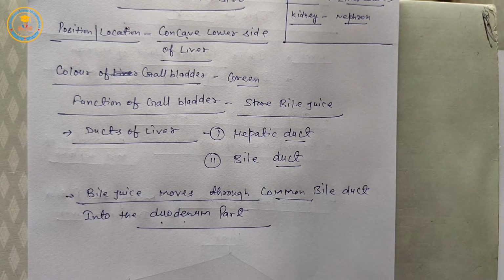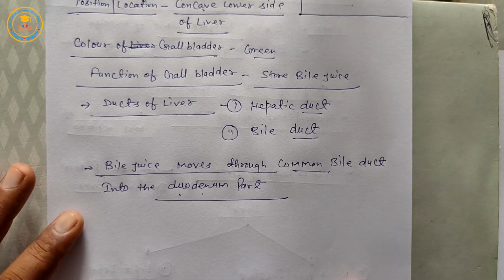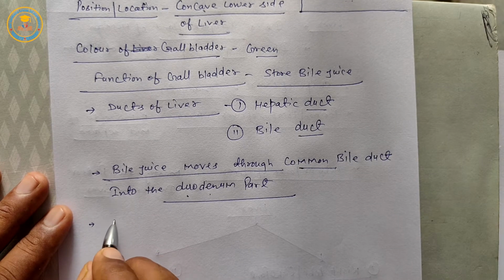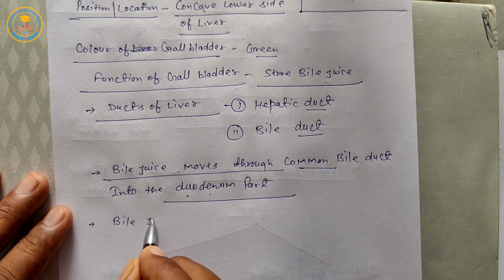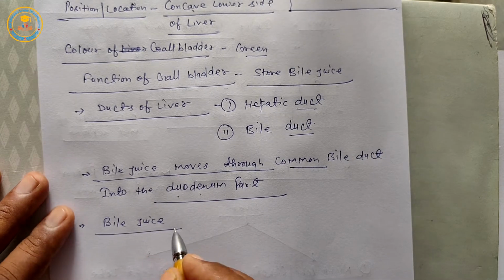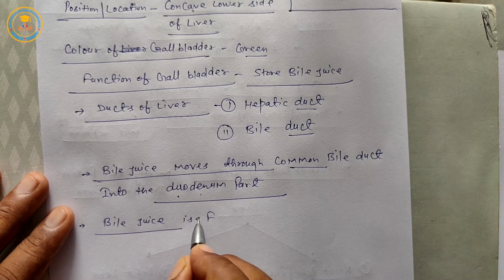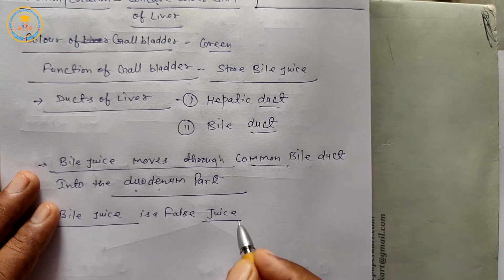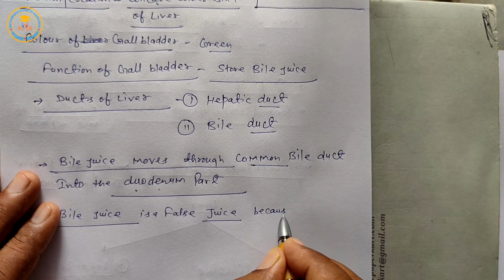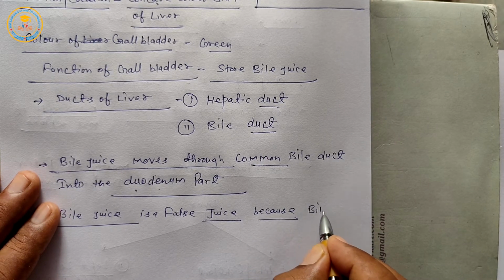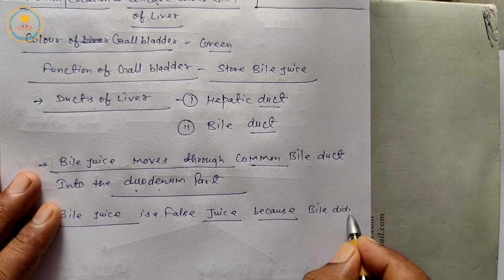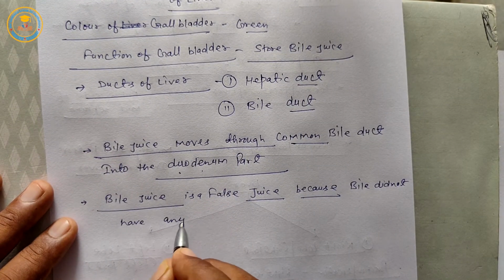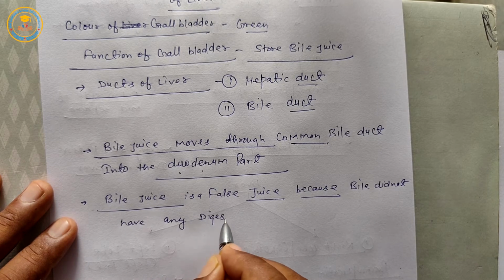Next, bile juice is a false juice because bile does not have any digestive enzyme.